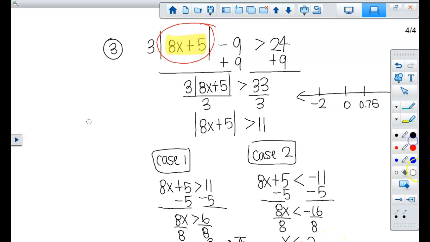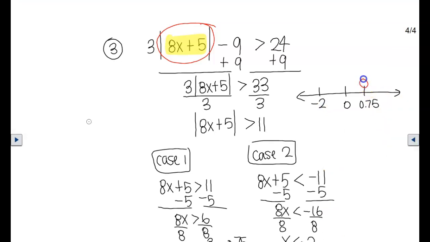X is greater than 0.75 would be open and then right. Less than negative 2 would be open and left. I see airplane wings, so I know that or is the correct connecting word. So x is greater than 0.75 or x is less than negative 2.